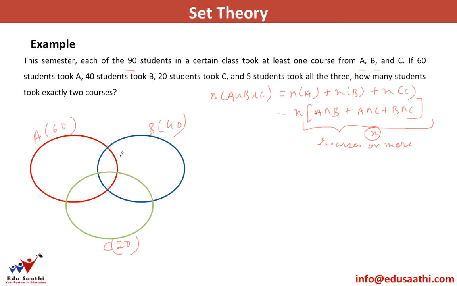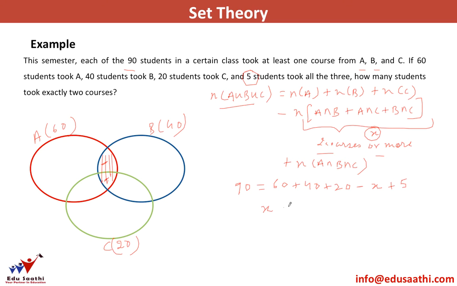Because what is A intersection B? A intersection B is this region. So this gives me people who opted for A, B, this region, plus the people who opted for A, B and C. So this represents two courses or more, and we'll complete the formula plus n of A intersection B intersection C. So this I know is 90 is equal to n of A is 60, n of B is 40, n of C is 20 minus X plus we have 5 as n of A intersection B intersection C. So this gives me 5 here.